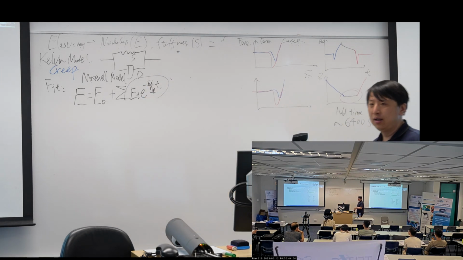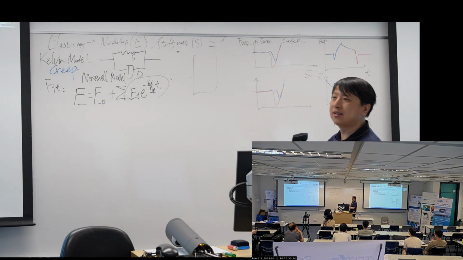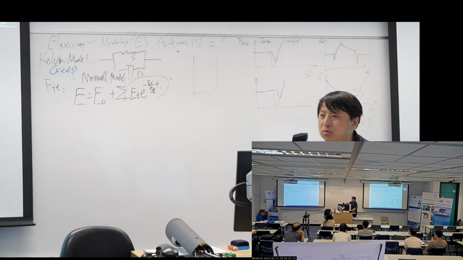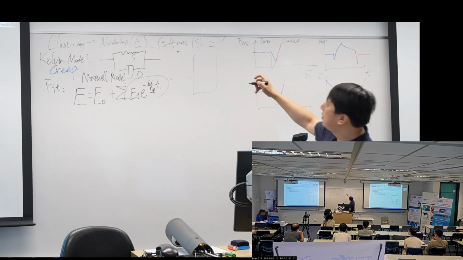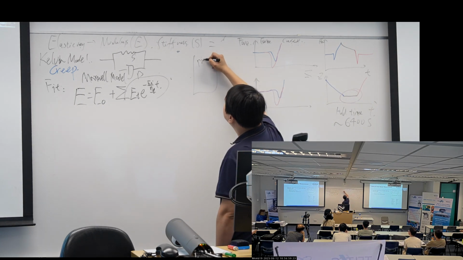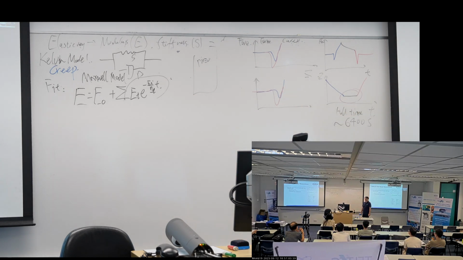So let's talk a little bit about the hardware. We are just using a scanner to drag the probe, moving it up and down. The material used in our scanner is piezo, the full name being piezo ceramic or piezo materials.